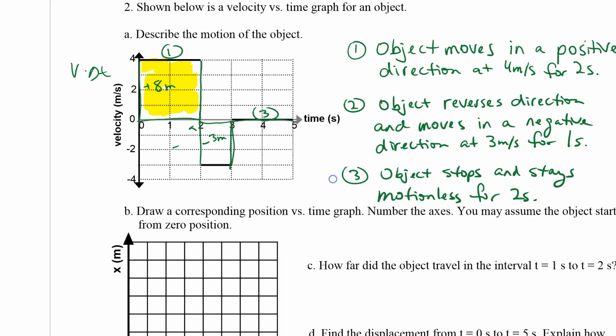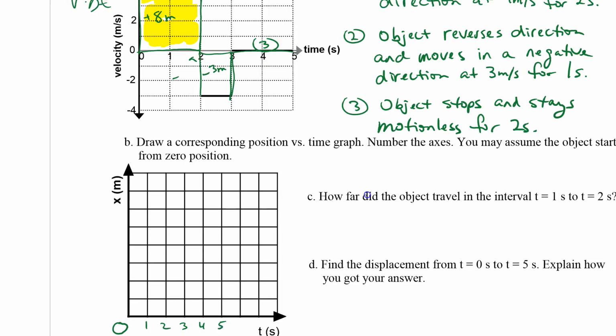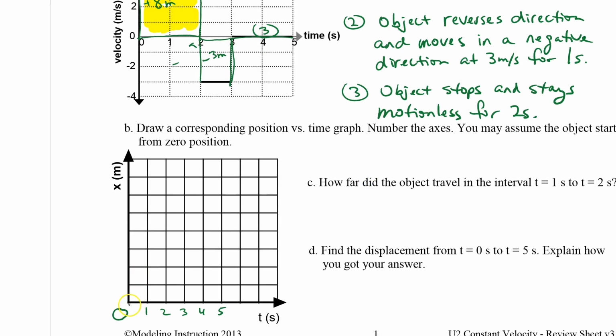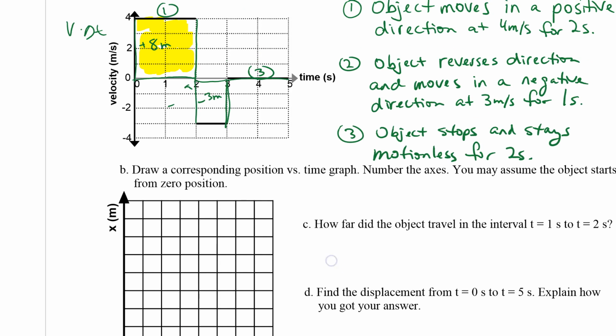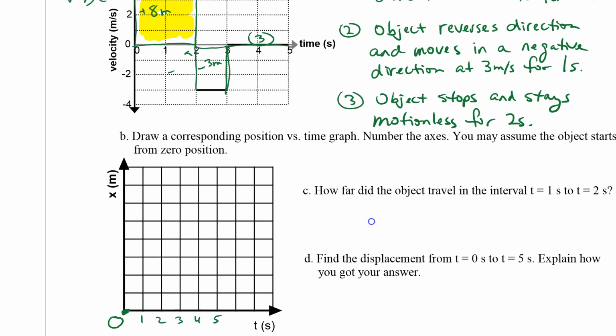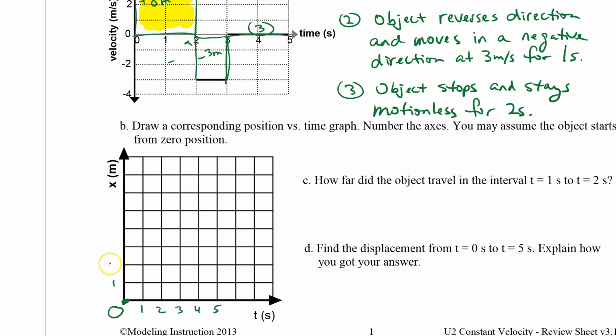So what's going to happen is that they told us we can assume we start at 0, and then at 2 seconds, we will be 8 meters away. So if I go up by ones, 1, 2, 3, 4, 5, 6, 7, 8 is at the very top. Then after 2 seconds, I'm at the very top at 8 meters right there.